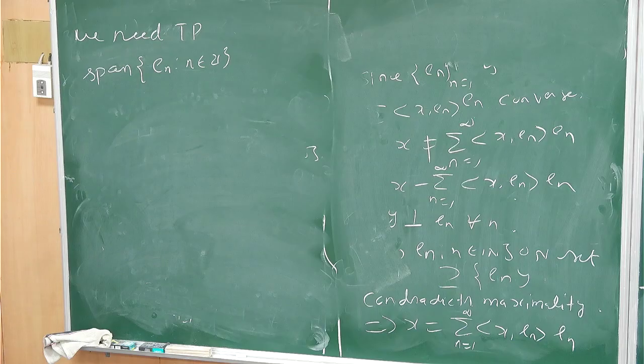Now you can look at it as z power n if you want. No, wait, the span of this.